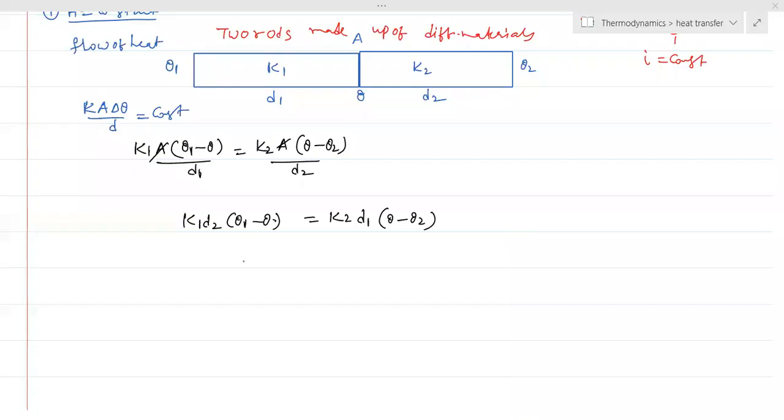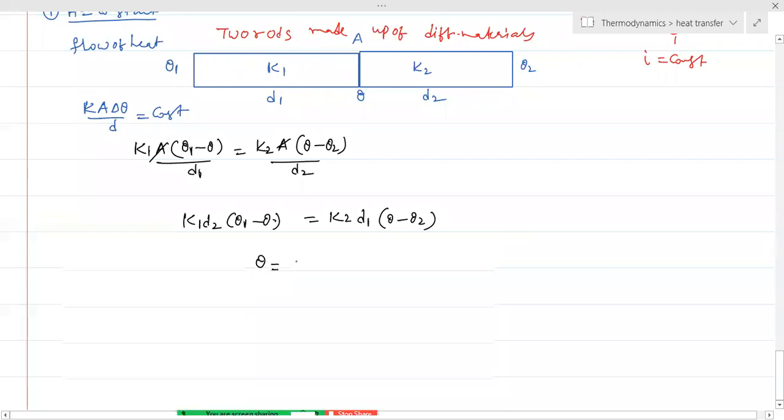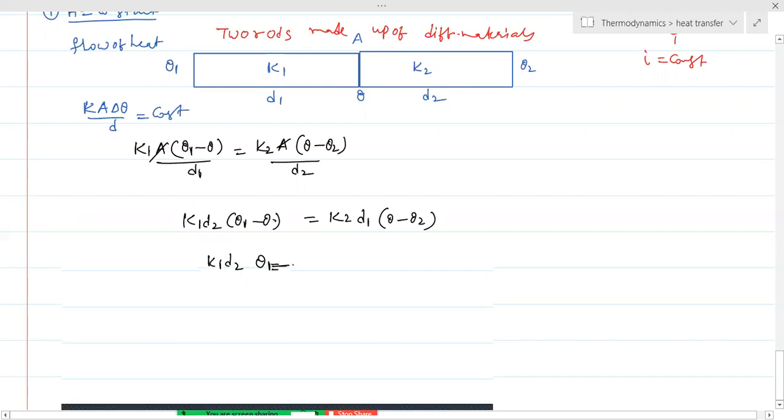So simply by solving this, we will get K1 D2 theta1 minus K1 D2 theta, equivalent to K2 D1 theta minus K2 theta2 D1.